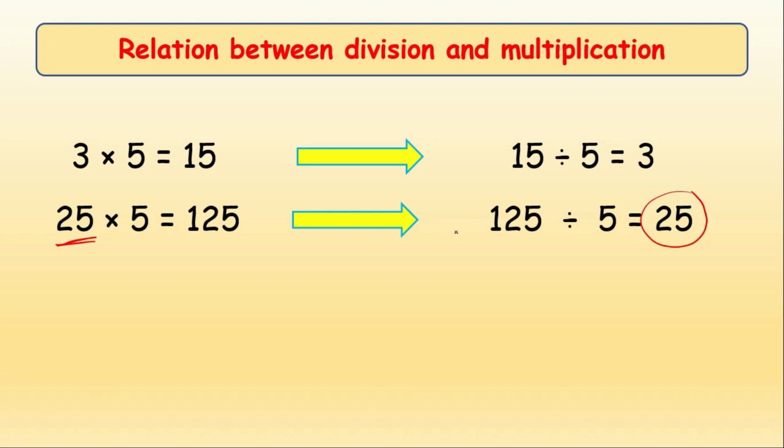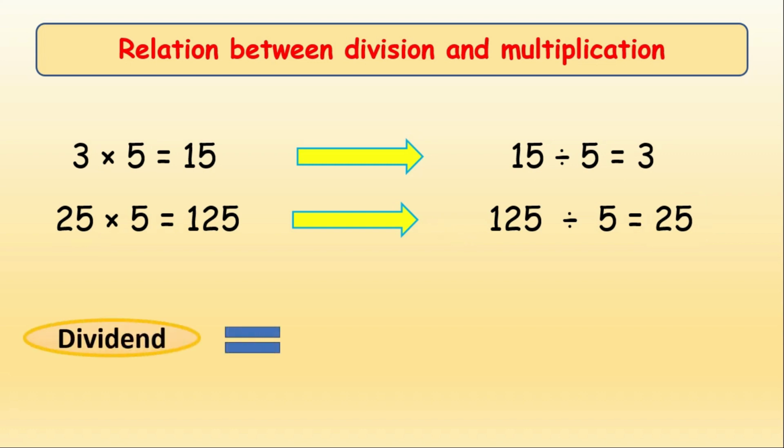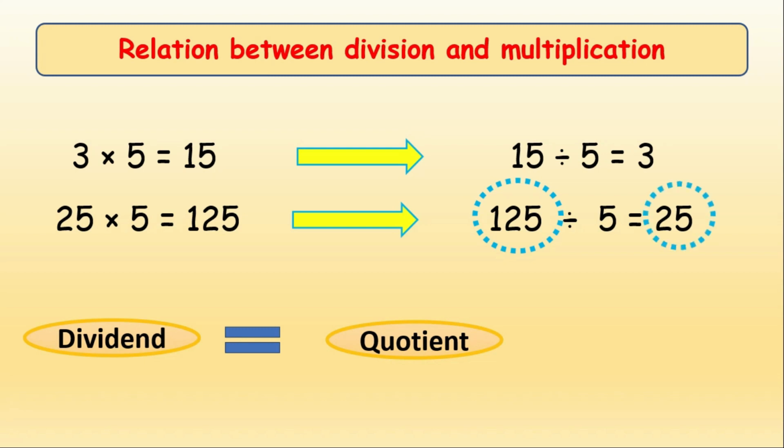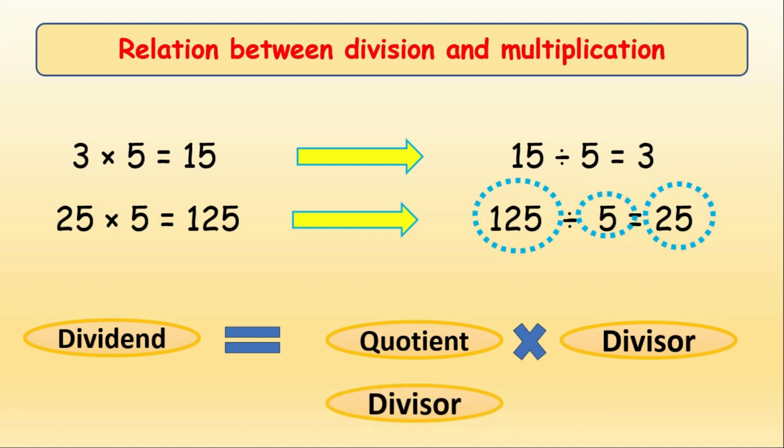Okay, so there is a relation between division and multiplication. The dividend, like 125, equals the quotient, like 25, times the divisor, like 5, or the divisor times the quotient, whatever.